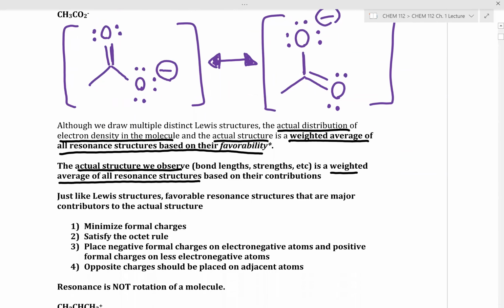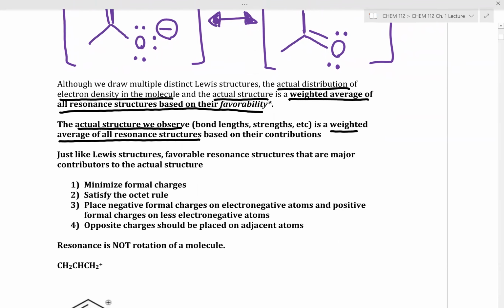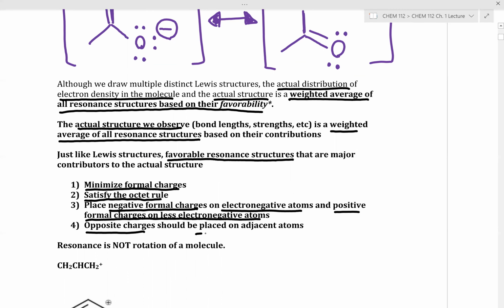Well, in general, just like Lewis structures, favorable resonance structures will minimize formal charges, will satisfy the octet rule, place negative formal charges on electronegative atoms and positive formal charges on less electronegative atoms. And in general, opposite charges should be placed on adjacent atoms if possible.